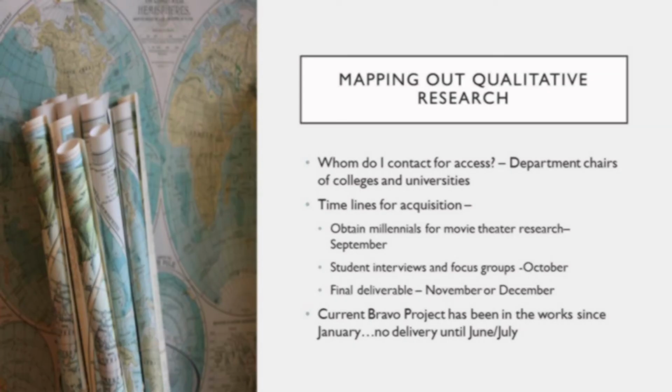So again, mapping out qualitative research, it's important to think about who you may need access to. For my own studies, I need access to adults, which is pretty easy. And so if I'm doing communication research, I hire a survey company. They put out a national survey to a randomized sample, for that matter.